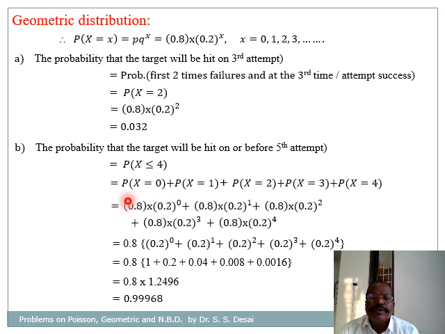So that is equal to the sum of the probabilities. By substituting x is equal to 0, 1, 2, 3 and 4 in the above PMF and simplifying, the final simplification is 0.99968. So that means the probability that the target will be hit on or before the fifth attempt is nearly equal to 1.